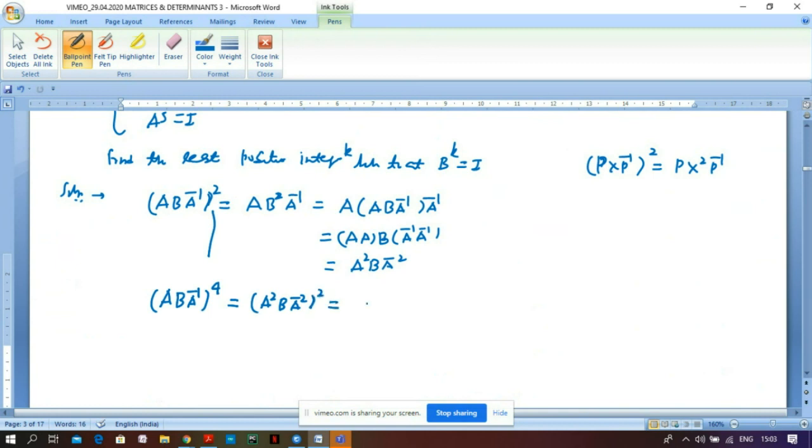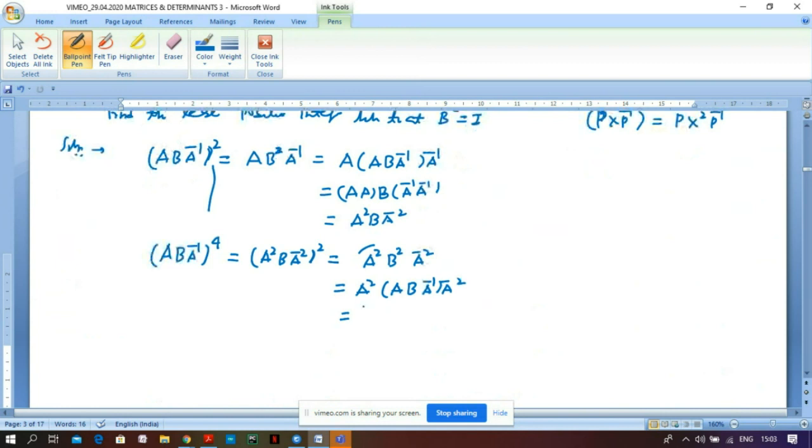Again, A squared will be A squared only. You have got B squared and A to the power minus 2, because they are just inverse of each other. So A squared and B squared, again I can write A inverse because that's given, minus 2. Again, associate, that is A cube and B A to the power minus 3.